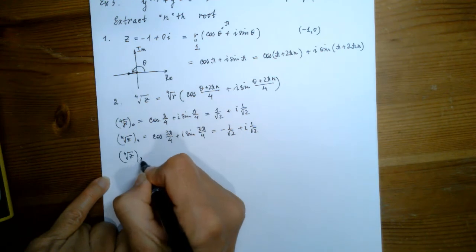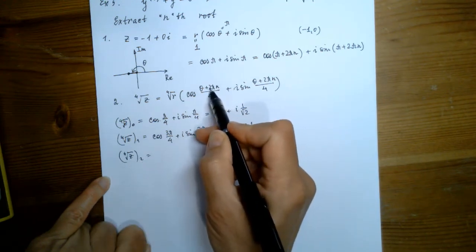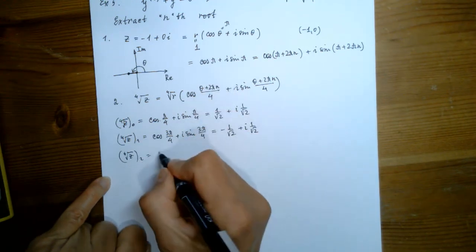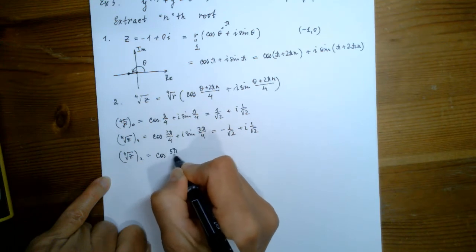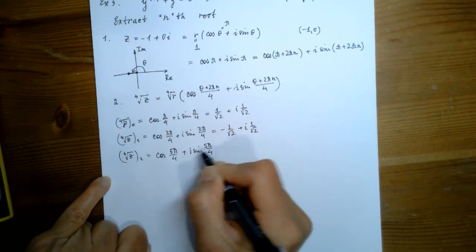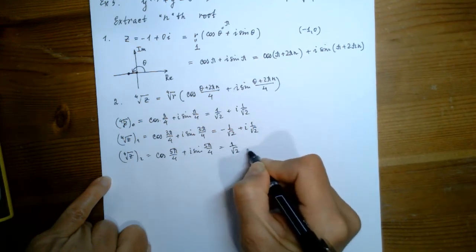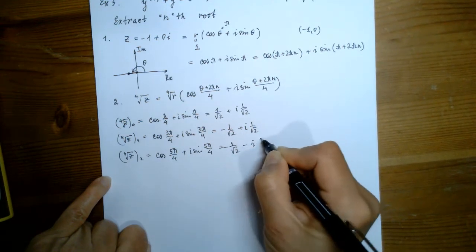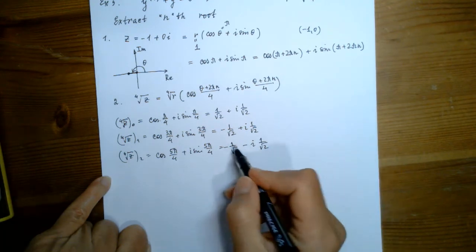Fourth root of z, number 2. Well, n equals 2 is going to give me 2 times 2, 4, plus 1, 5. So it's cosine of 5 pi over 4 plus i sine of 5 pi over 4. Same 1 over square root of 2, but with minuses, the third quadrant.